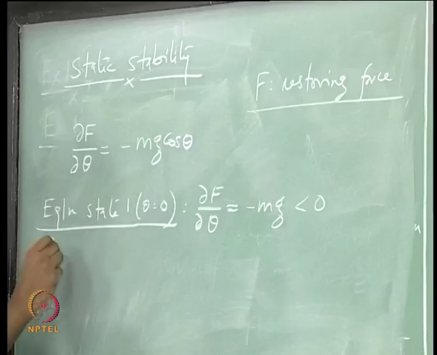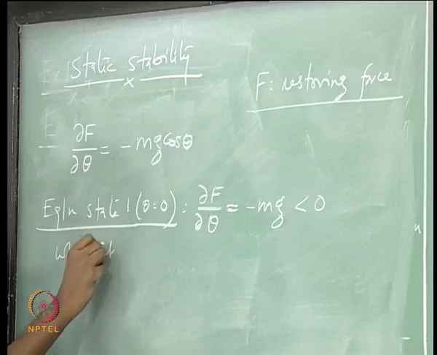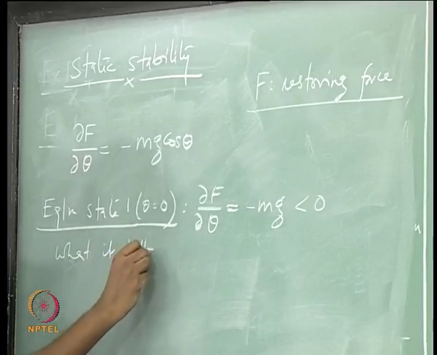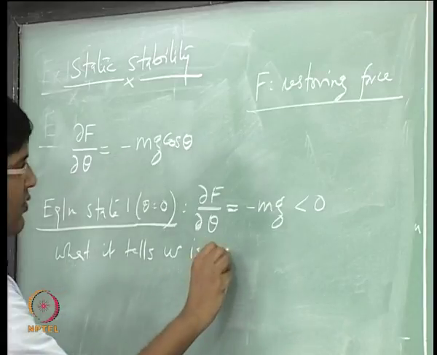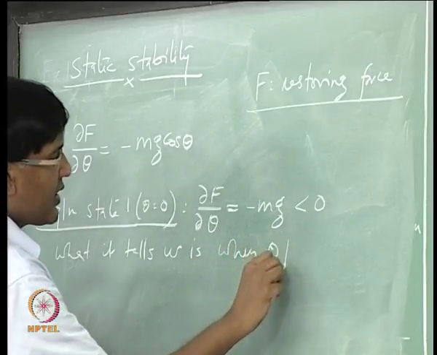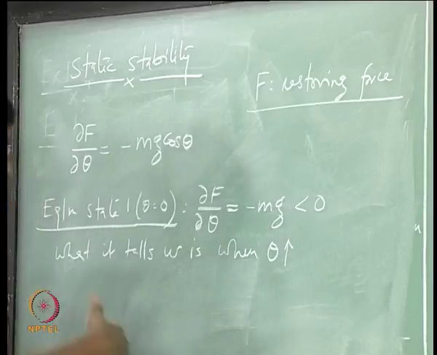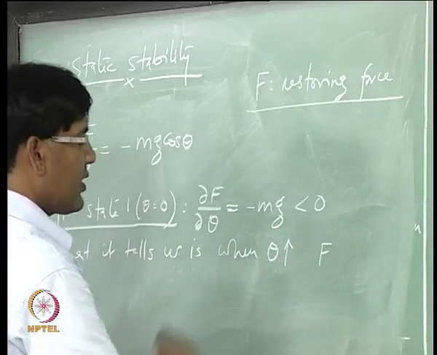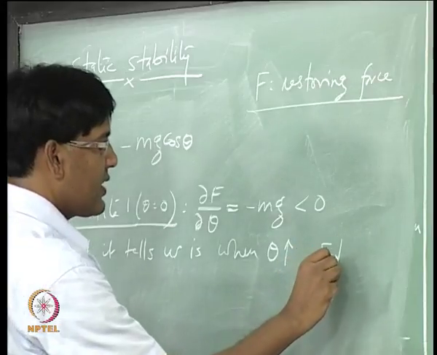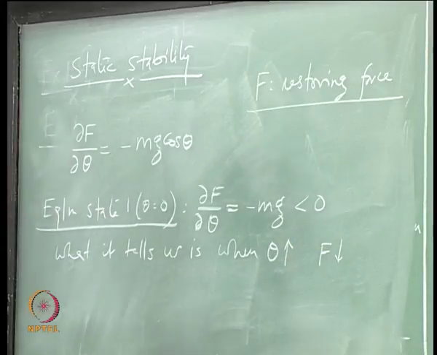So, what it tells us is when theta is going up or increasing, this f is going down.